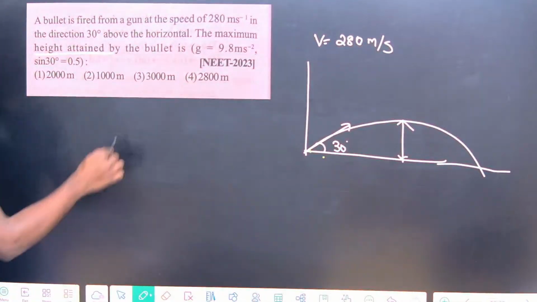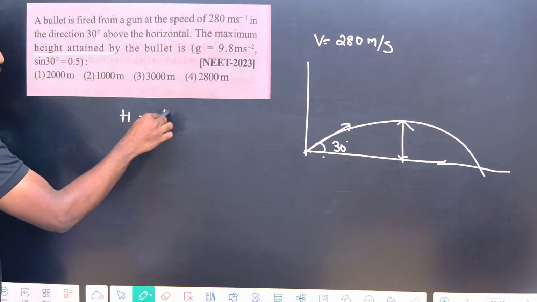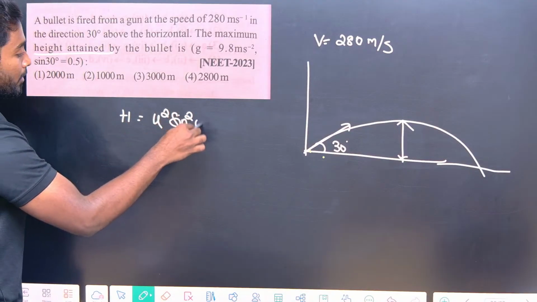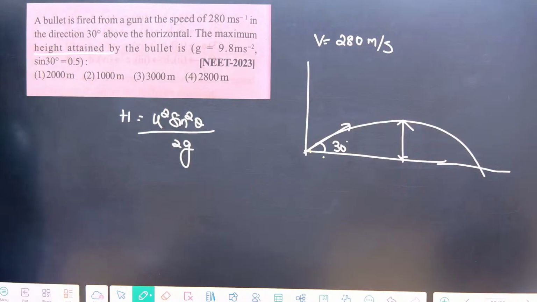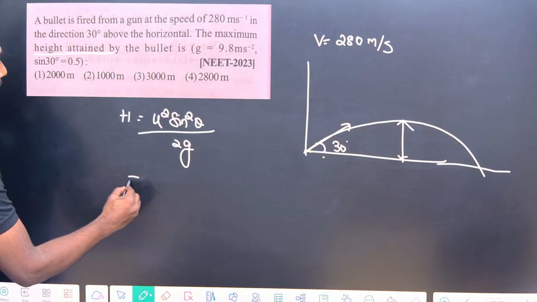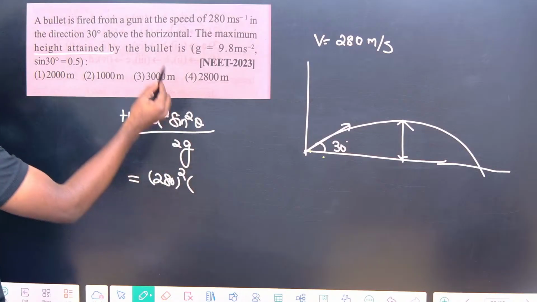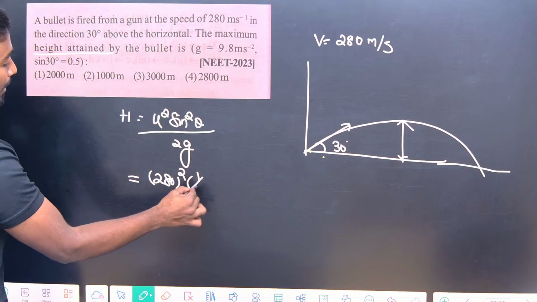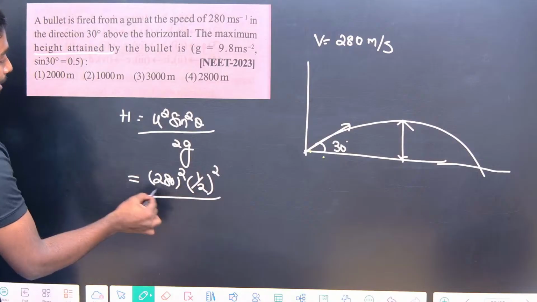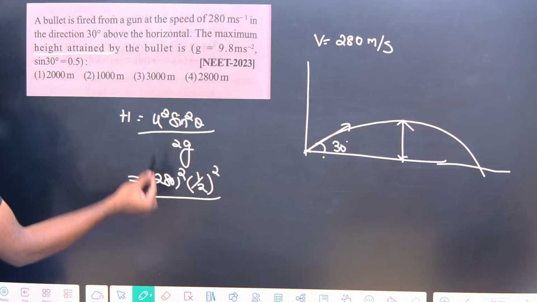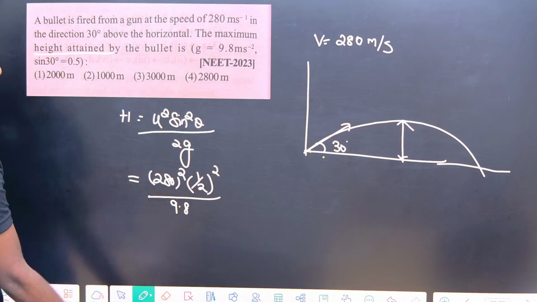We know the formula h is equal to u square sine square theta by 2g. Now, what is u square? It is 280 square sine square, now sine 30 is 1 by 2, the whole square, divided by 2 into 9.8, g is 9.8 they have told.